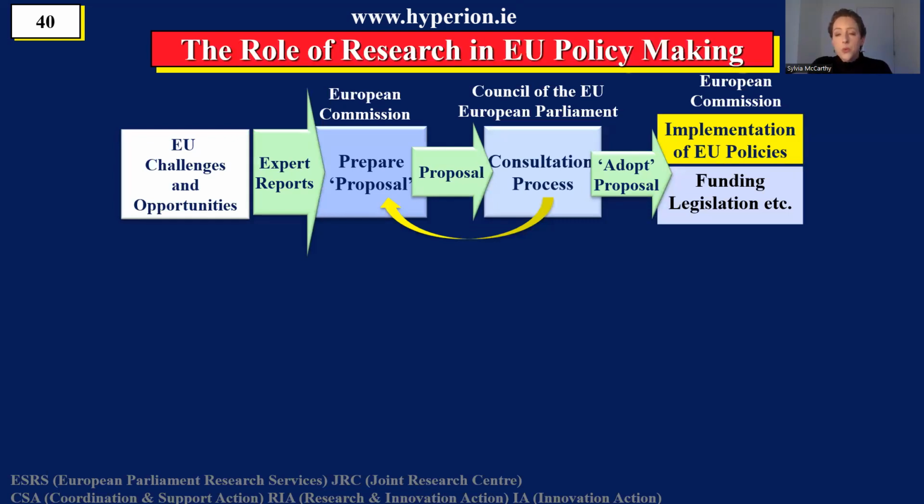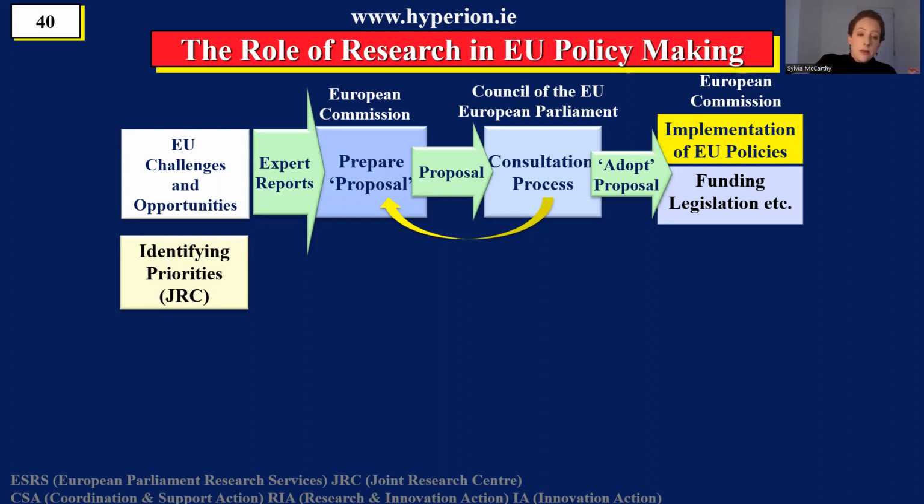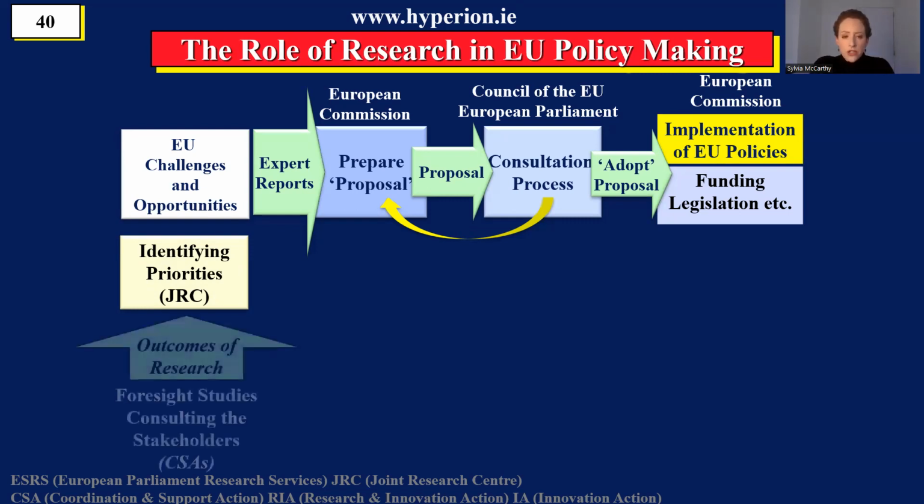The question here is, what's the role of research in this policy-making process? At the start, the Joint Research Centre is involved in identifying priorities, and that's why the researchers within the JRC will refer to the CSAs that are funded in Horizon Europe for foresight and for consultation.